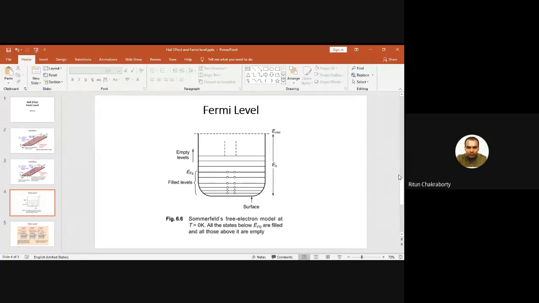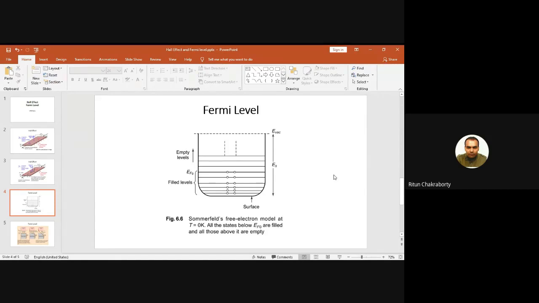You remember, T equal to 0 Kelvin is the main identifying factor here. At T equal to 0 Kelvin, all energy levels above the Fermi level are empty, meaning not occupied by electrons, whereas below the Fermi level, all energy levels are full with electrons.